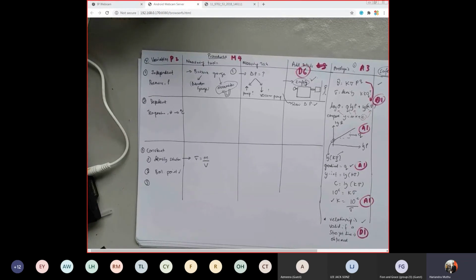The next question is about the dependent variable. So now the dependent variable is the temperature. What would be the measuring tool to measure the temperature? We have learned thermometers in the topic of thermophysics. There are many types of thermometers: thermocouple thermometer, resistance thermometer, liquid-in-glass thermometer, and constant pressure gas thermometer.